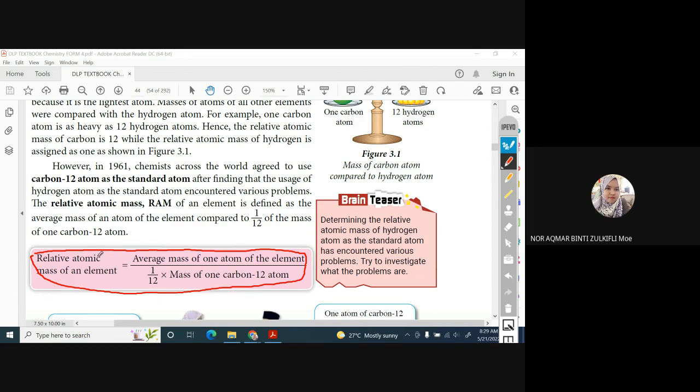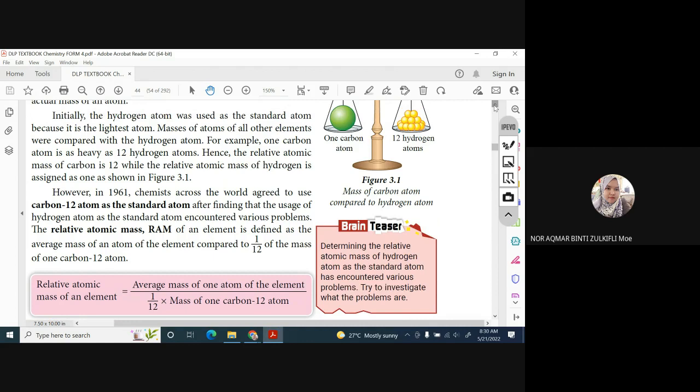Relative atomic mass of an element is the average mass of one atom of the element divided by 1 over 12 times the mass of one carbon-12 atom. But for me you can just write down the formula. This one is just for memorizing. They will not ask you how to calculate. This is the meaning only, because it has its history.